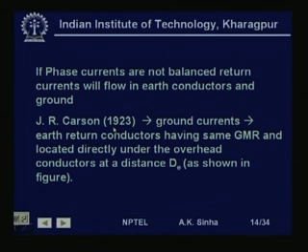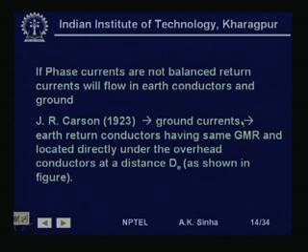Now, it was J.R. Carson in 1923 who proposed how to take care of these ground currents in the transmission system. He was the first person to model these ground currents, and it was later modified.